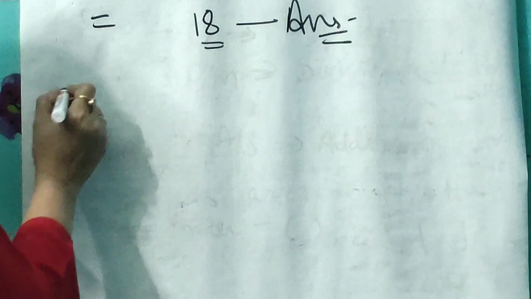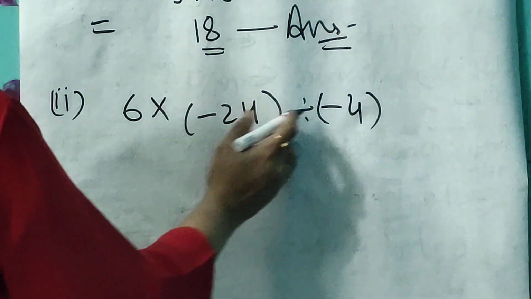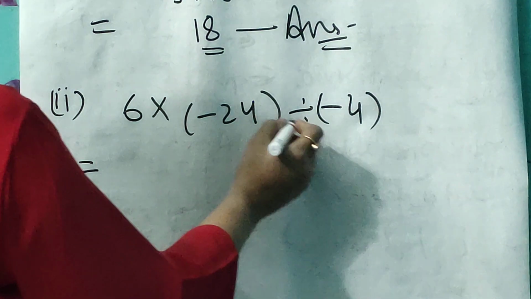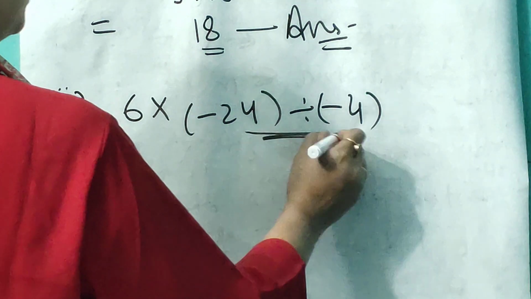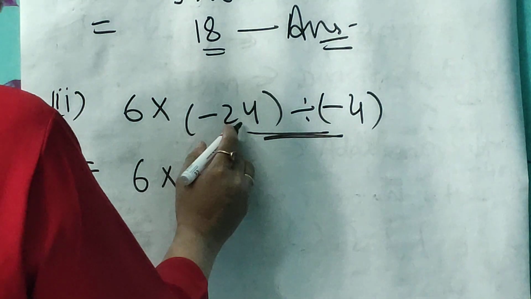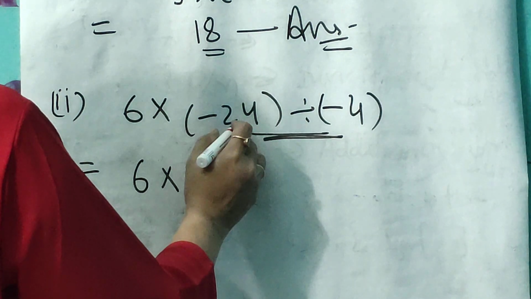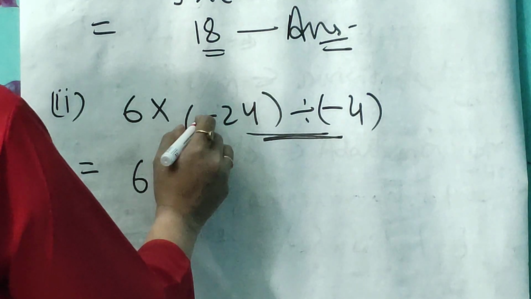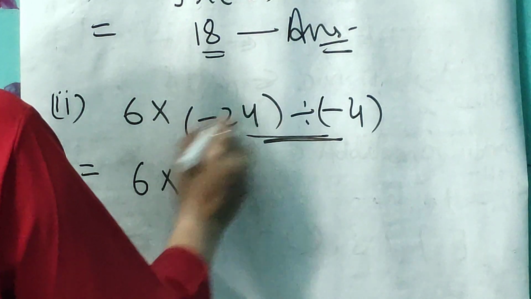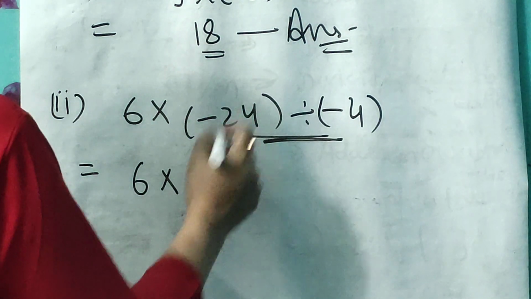Now the second one, same way we will do. The question is 6 into minus 24 divided by minus 4. What do you solve first? Again you solve the division first. So 6 you copy as it is, 6 into, now minus 24 divided by minus 4. 4 sixes are 24, and since both are negative, a negative divided by a negative, the answer will be plus.